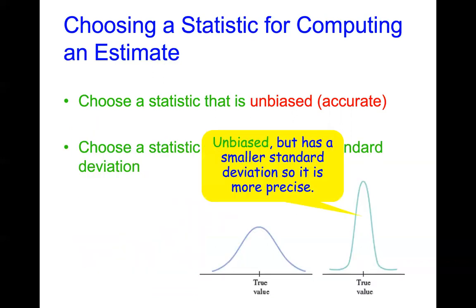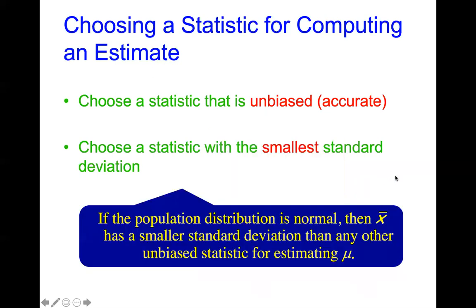And I'm telling you guys this because if you were to not have the intuition of using the sample mean to estimate the population mean, and you used a lot of different things, and that's what people did, people experimented and tried out different ways to estimate the population mean. It turns out that the sample mean is the best because it is unbiased and it has the smallest standard deviation.